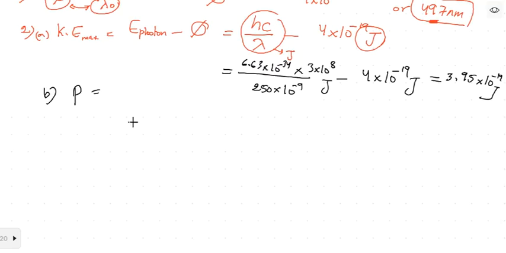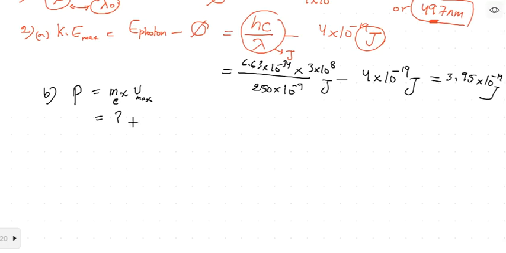Momentum, as you remember from last year, is mass times velocity. We can use speed as a scalar here. It's actually velocity, but we don't care too much about the direction; we need the magnitude of this momentum. So the mass of the electron, because the photoelectron is moving, and the maximum speed of the electron.